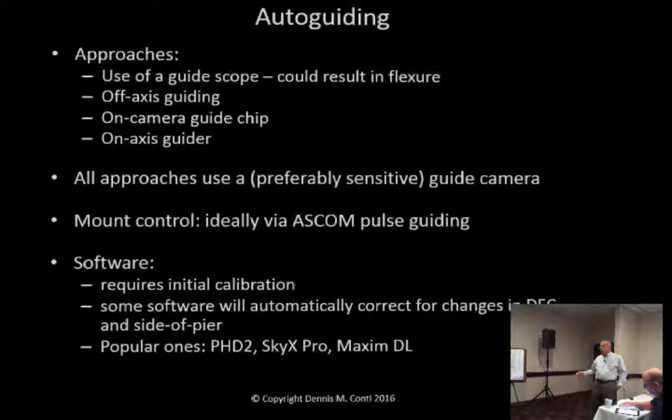And the other thing is that once I pass and do a meridian flip with a German equatorial mount, I've got to change the way the calibration operates, and that's done in many cases automatically on most mounts that are ASCOM compatible. So the takeaway from all of this is that auto-guiding, especially off-axis guiding or any of these other three, is critical to keeping that star on the right point on the detector.